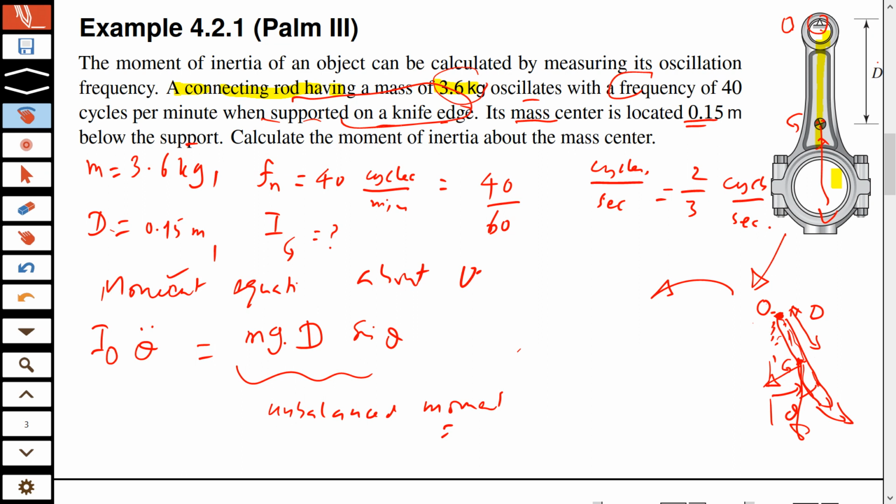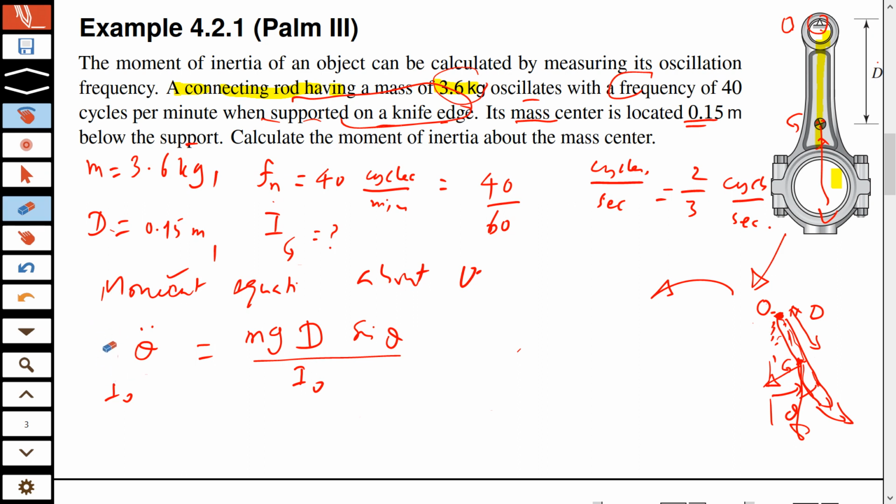Okay, so now how does this lead to IG? We need IG, okay, but there is a hope that if we know IO, from IO we can get to IG. So let's work IO here. If I divide both the sides by IO, what do I get?